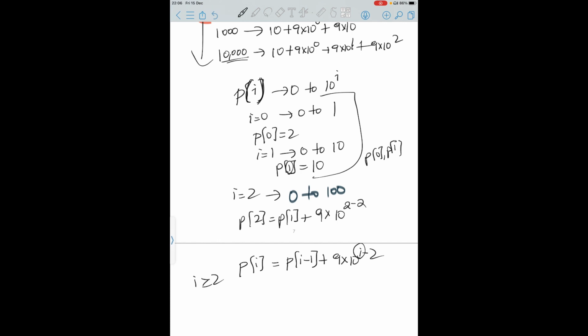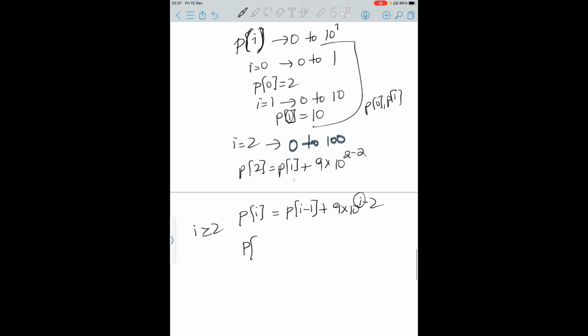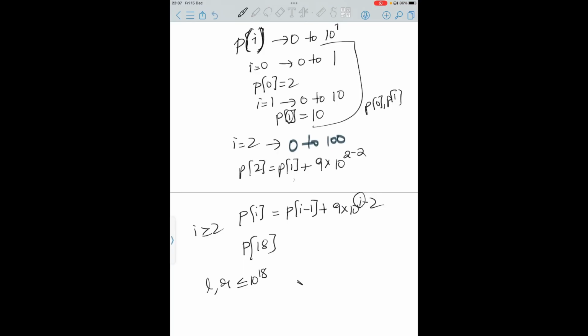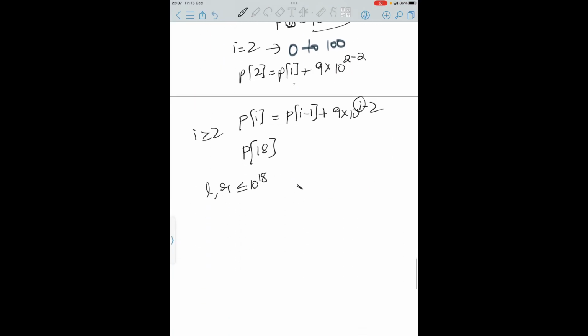So overall we have to go until 18 because L and R are less than or equal to 10 to the power of 18. If we know the number of such integers from 0 until 10 to the power of 18 satisfying the above property, then we can solve the problem easily.